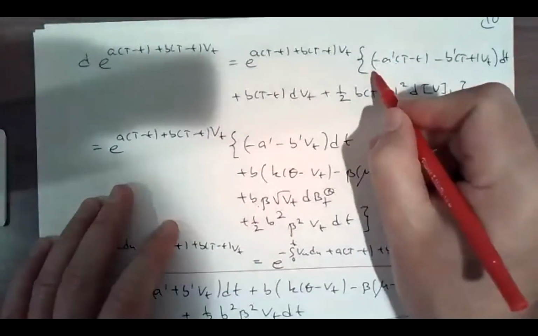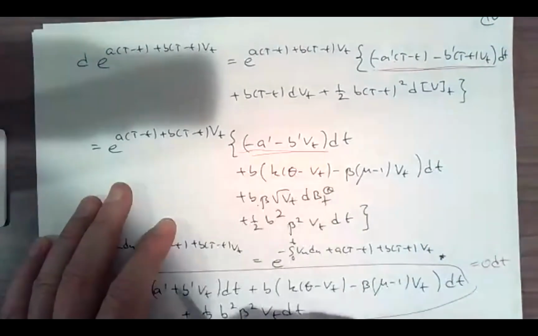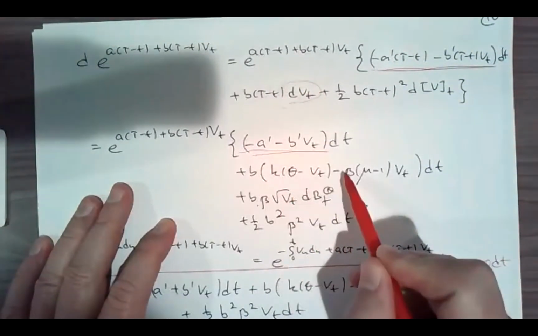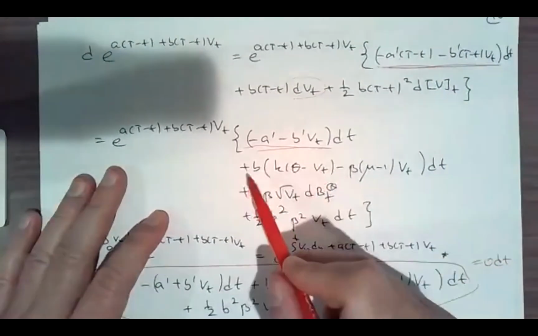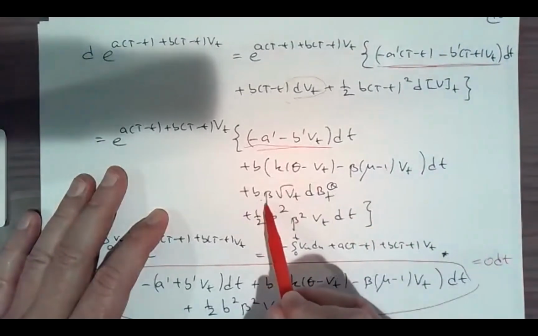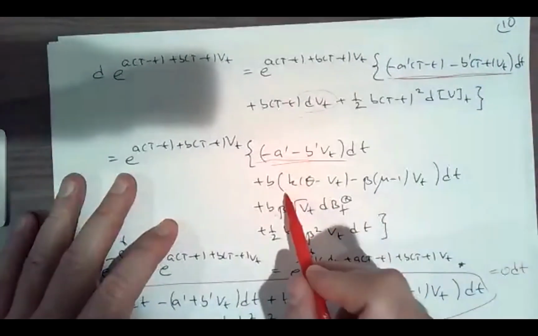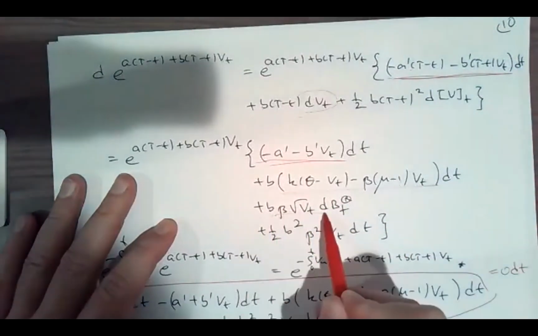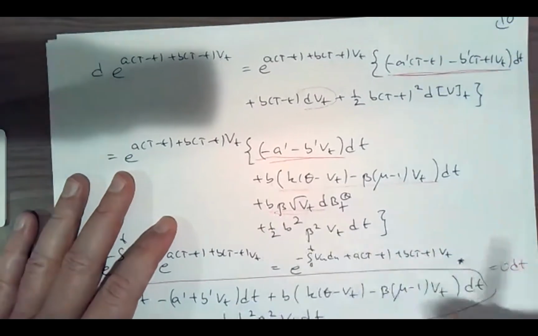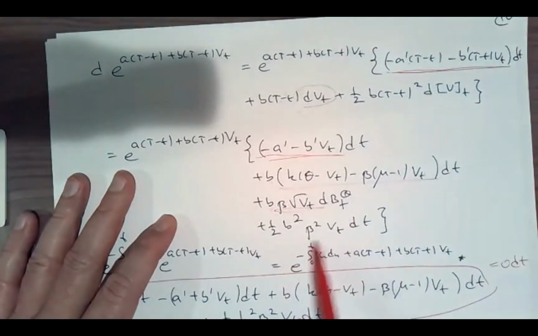This coefficient here, I got that one. But this dv, you have your b out here, so dv has drift and it has volatility. This dv here, that's the drift and that's the volatility. And then the last part down here.